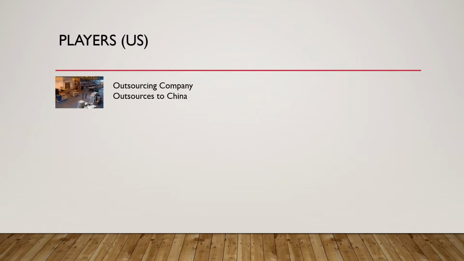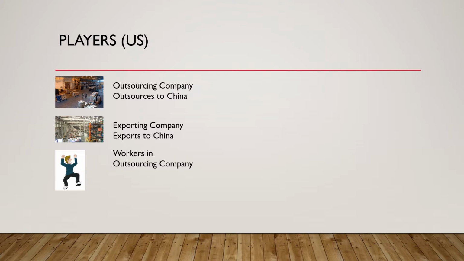Let's see how the players stack up, and these players would play a role in all three parts of this presentation. There will be the outsourcing companies in the US, companies who outsource the production of goods and services to China. There will be companies in the US who will export goods and services to China. Yes, some will be there in the US as well.